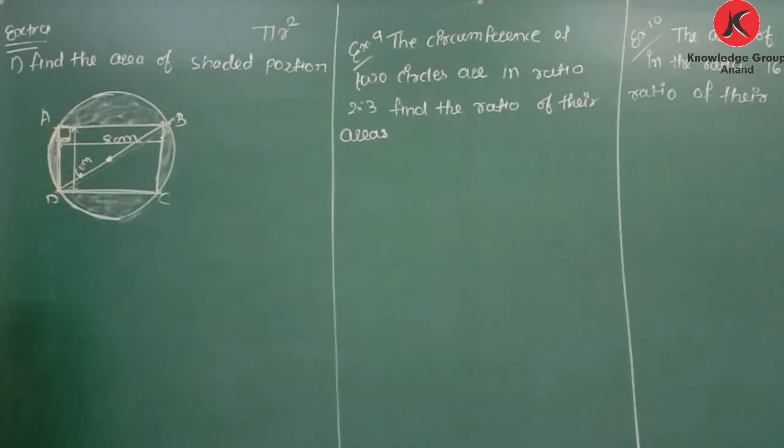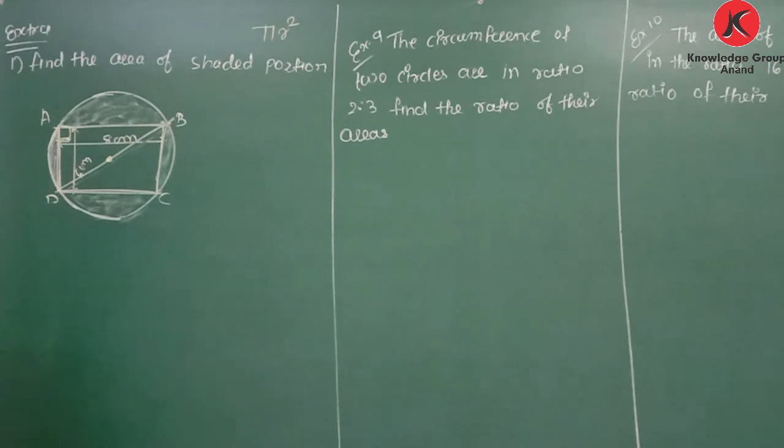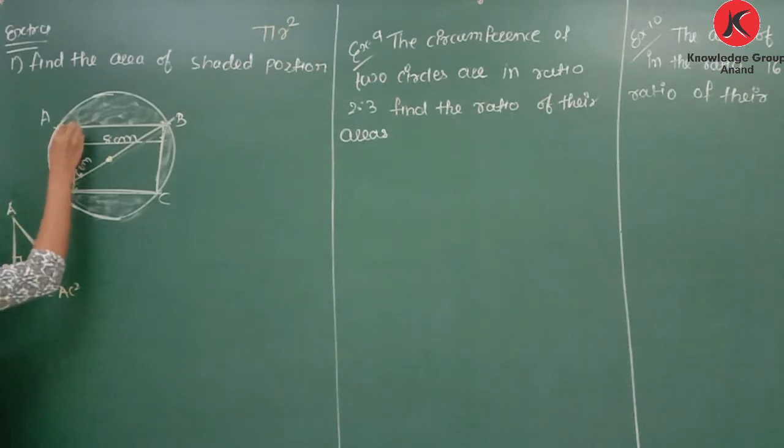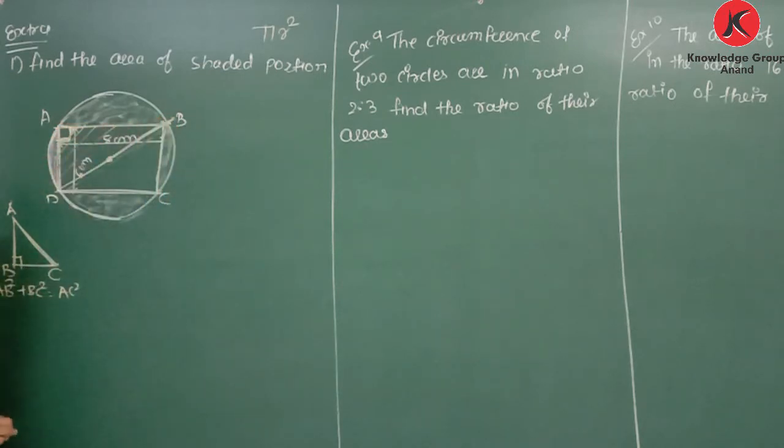In the 6th chapter we learned about the Pythagoras Theorem. If it is a right angle triangle, then the sum of the squares of its two sides, let's consider this as ABC, AB square plus BC square is equal to AC square. That is the diagonal, or you can say hypotenuse. Now for this triangle, BD will be the hypotenuse.